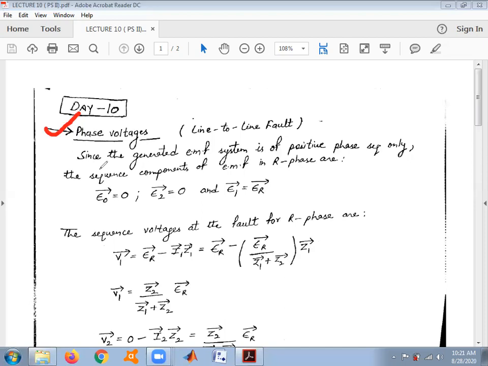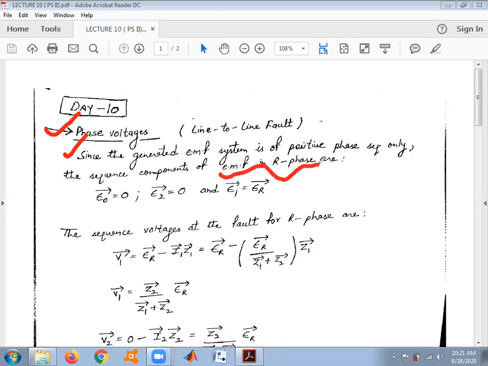This is a continuation of the previous lecture. Here we had already discussed that a line to line fault occurs across the yellow and blue phase. Since the generated EMF is of positive phase sequence only, the sequence components of EMF in R phase are as follows.